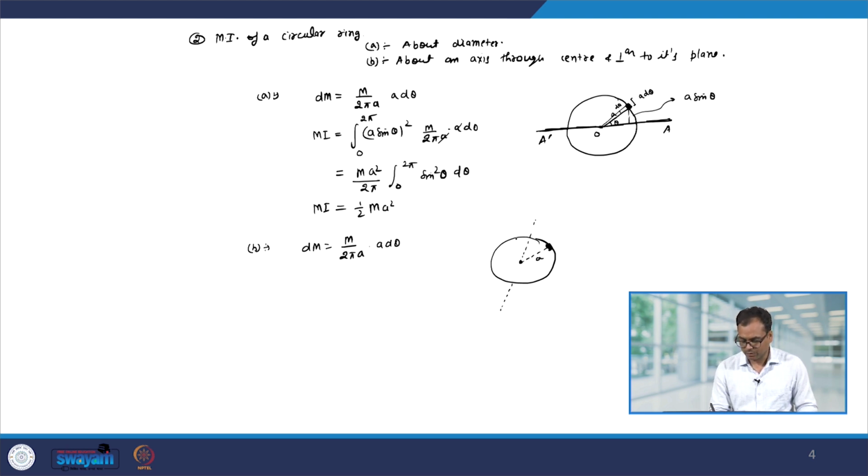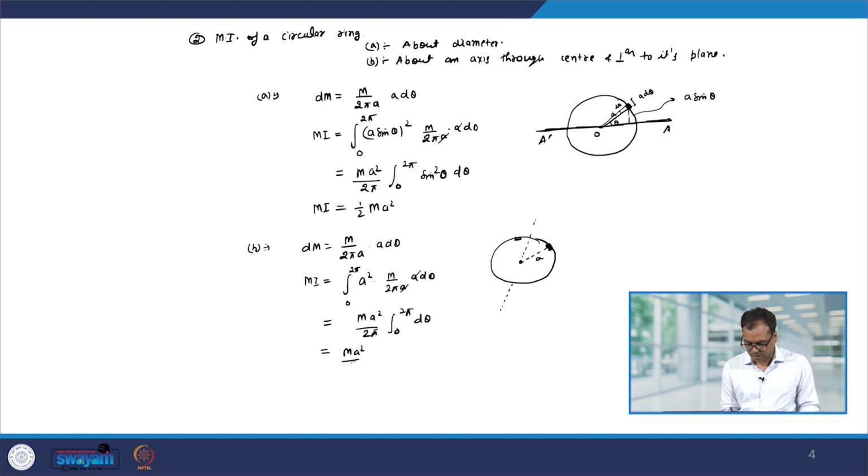So, it does not matter whether you are here or there, from this axis the distance is always a. So, therefore, the moment of inertia will be a square dm, m over 2 pi a into a d theta, and the limit is from 0 to 2 pi. So, let me take the constant outside, this a will get cancelled with that a. So, we have m a square over 2 pi, integral 0 to 2 pi d theta, which is m a square over 2 pi into 2 pi, that is equal to m a square.